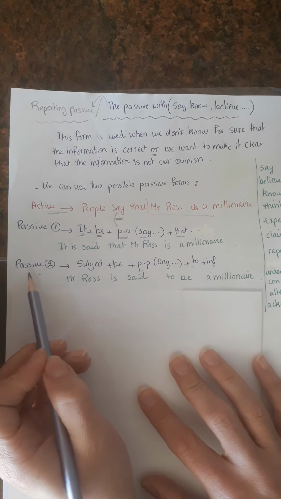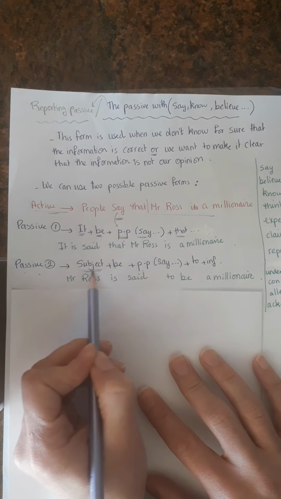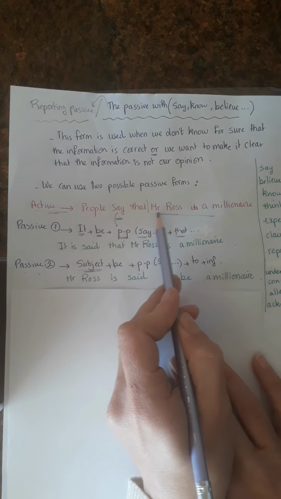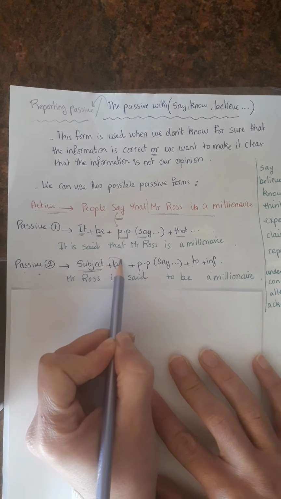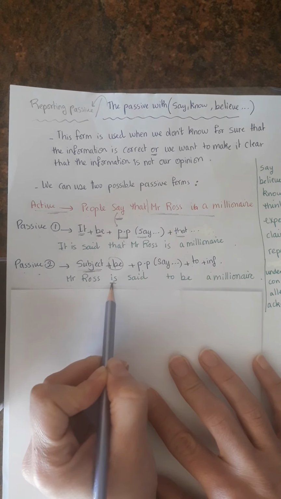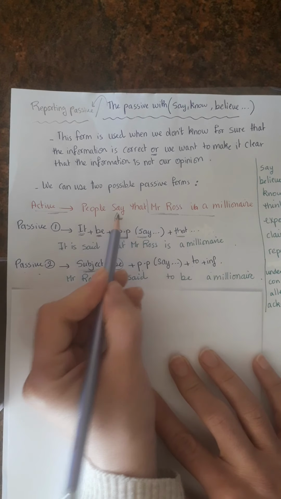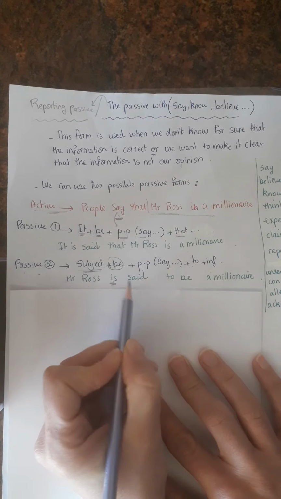Let's move to the second form. The second form, we're going to start with the subject. The subject is Mr. Ross. So Mr. Ross, the verb to be is, because as I've just said, say is in the present simple tense. So Mr. Ross is said.